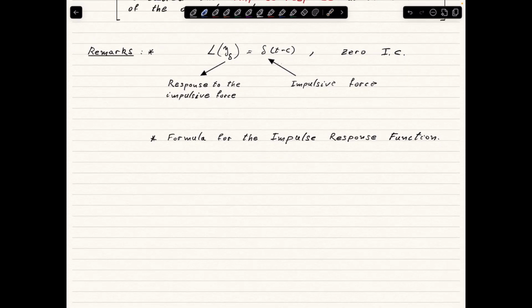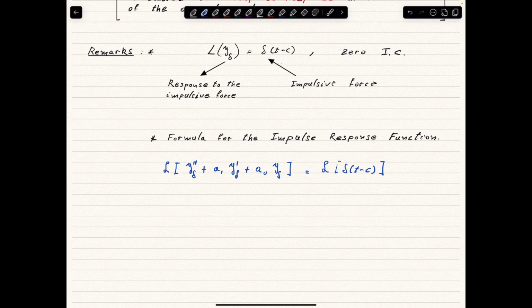So we compute the Laplace transform on the left side. Recall that L is a linear operator, so we have the second derivative of this function plus a1 times the first derivative of this function, plus a0 times the original function, all that Laplace transform, and it has to equal the Laplace transform of the delta, t minus c.